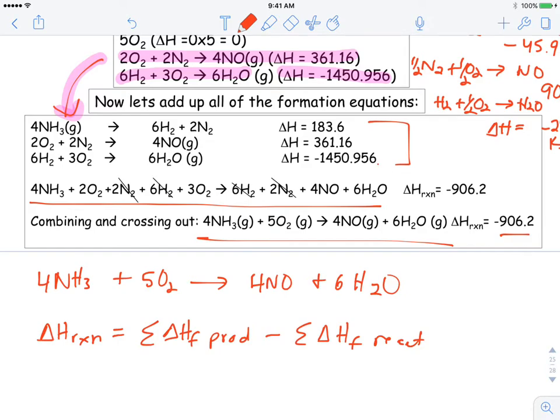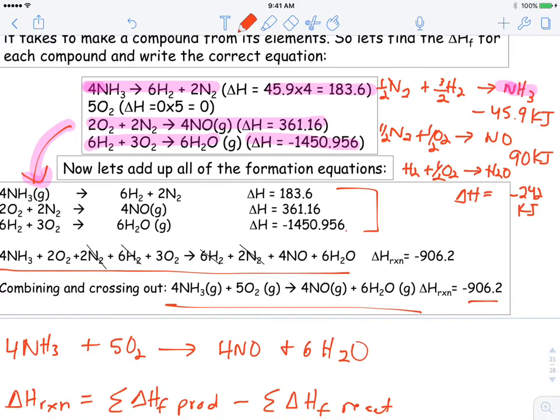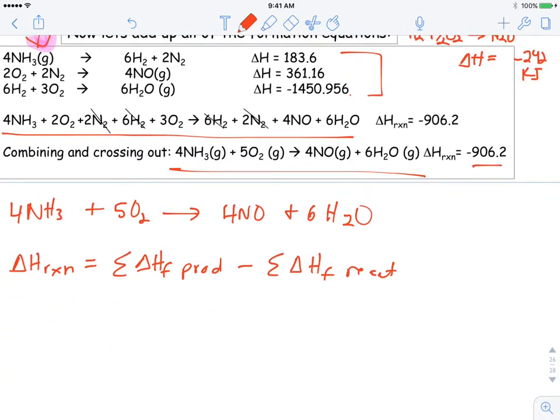Well, the products are NO. So remember, for NO, we had 90. So my products would be 4 times 90 plus my water was negative 242, and there's 6 of them, so times 6.